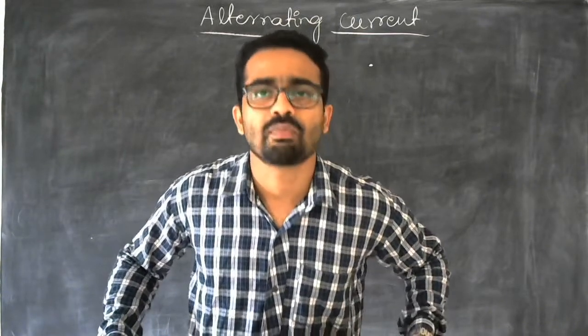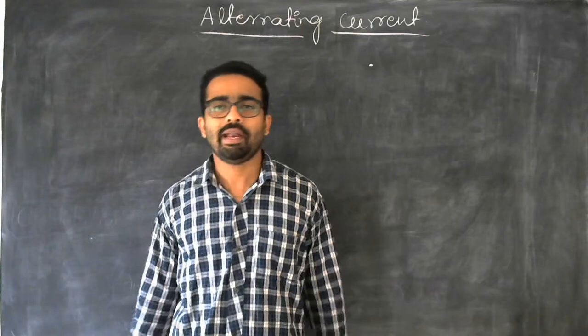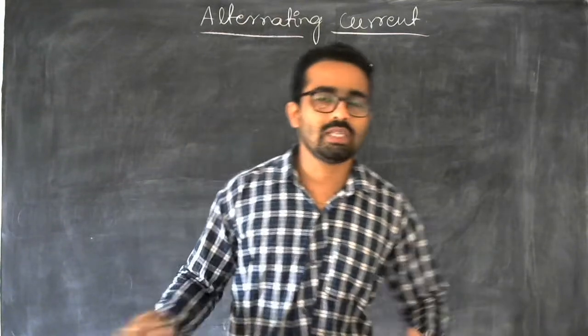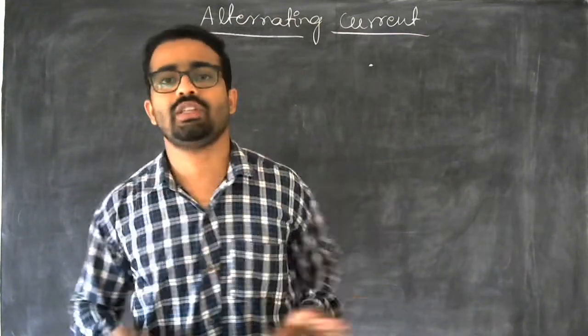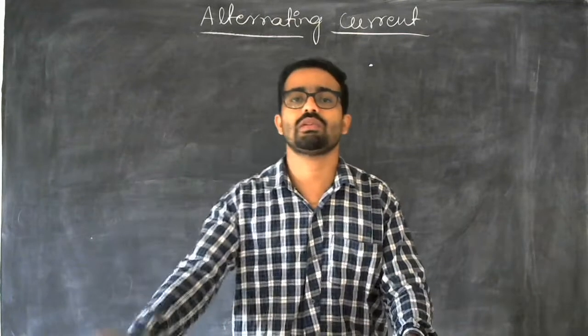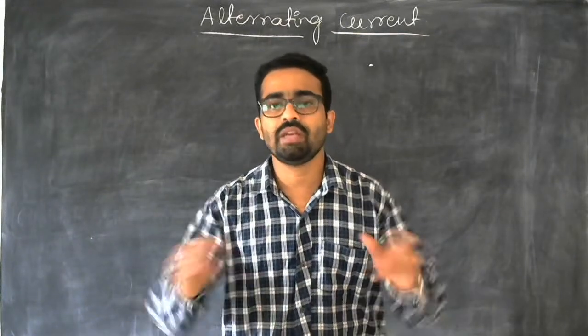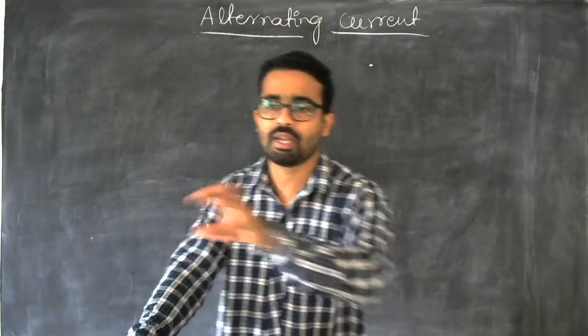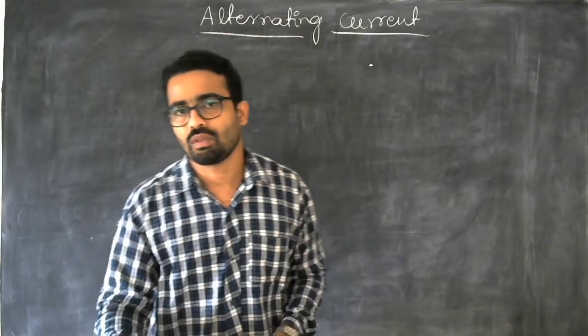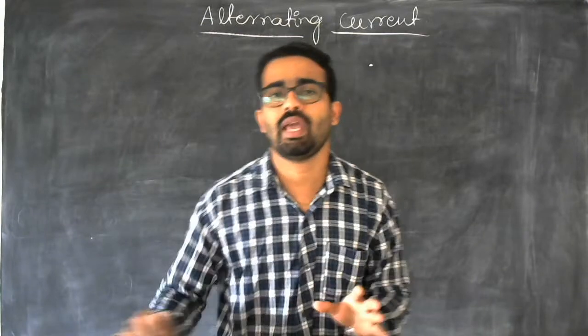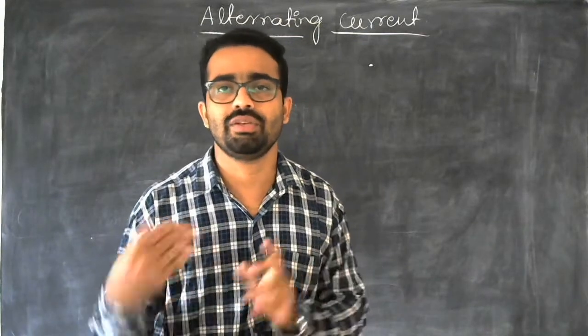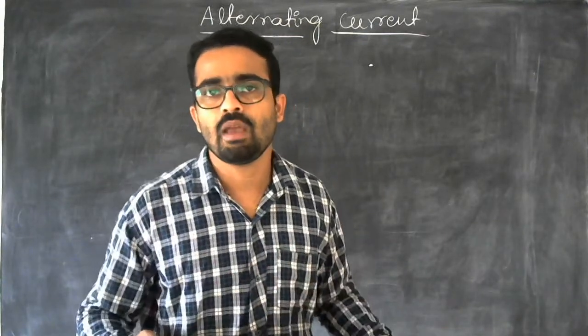So that is why we can transfer energy in two forms. One is called direct current, the DC form, and the other is called the AC form. I told you the main difference between alternating current and DC current. Alternating current means the direction of current changes continuously or periodically.